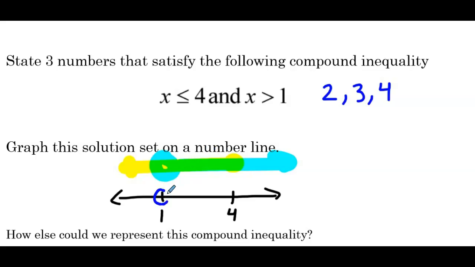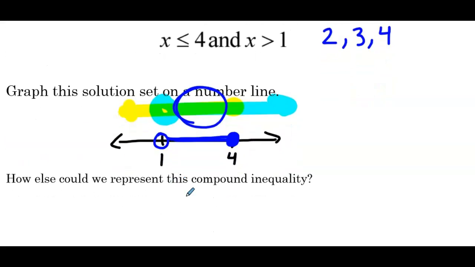So we're going to start with an open circle at 1, a closed point at 4, and the only place that it is green is right in between those values, in between 1 and 4. Okay, so that's our solution set to this compound inequality. We looked for the intersection right here of those two inequalities.